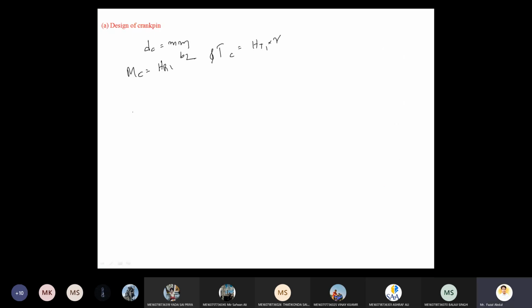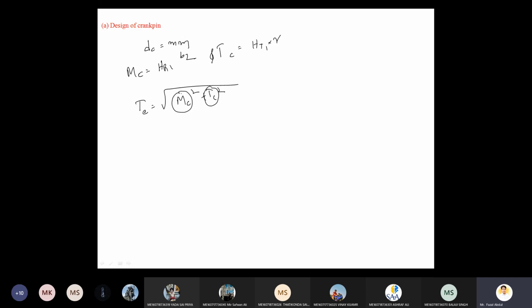And the equivalent twisting moment TE is equal to the square root of MC square plus TC square. Why am I taking the equivalent? Because here two different parameters are there: one is the maximum bending moment, one is the maximum twisting moment.